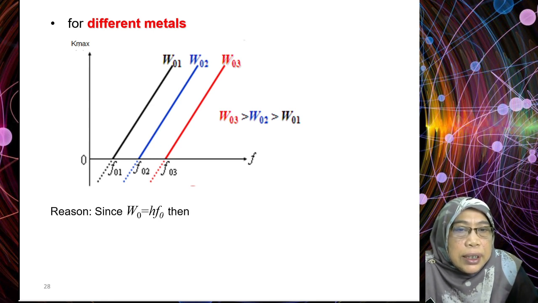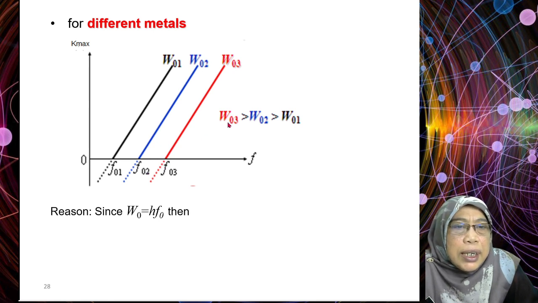So when you sketch the graph, the one to the right should be metal number 3. Metal 3 has the highest work function, so its cut-off frequency is also the highest.